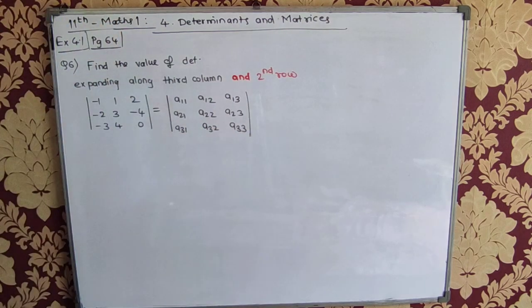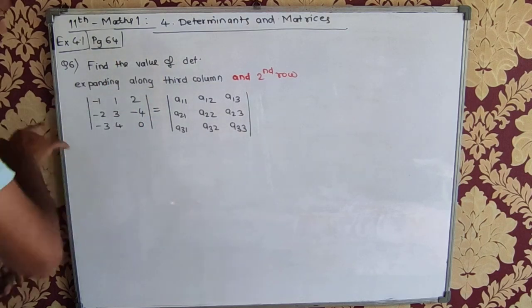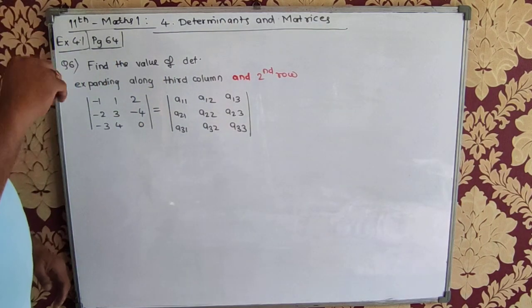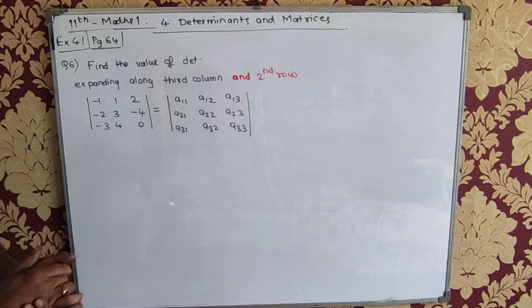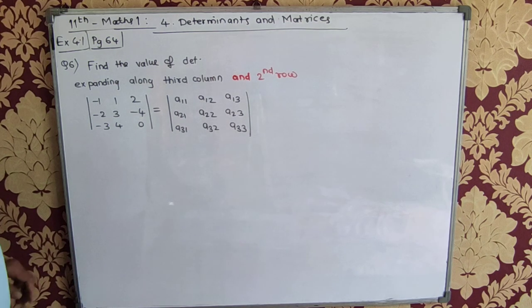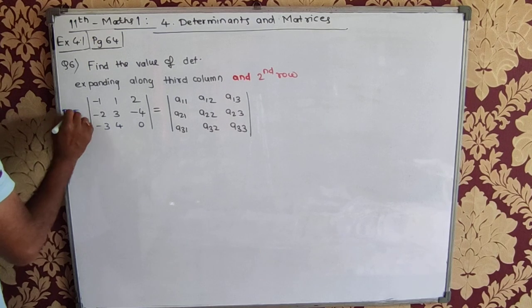Now what the property is? The property says the determinant can be expanded along any row and any column. Along any row and any column. So let us say D is the value of this determinant.